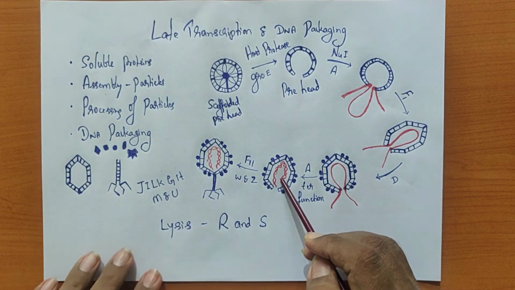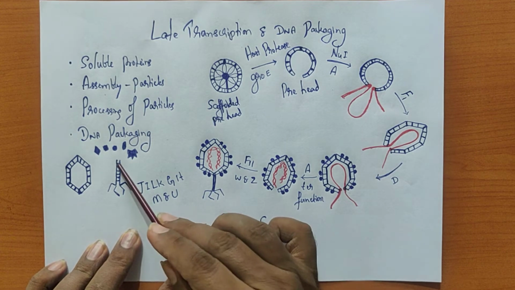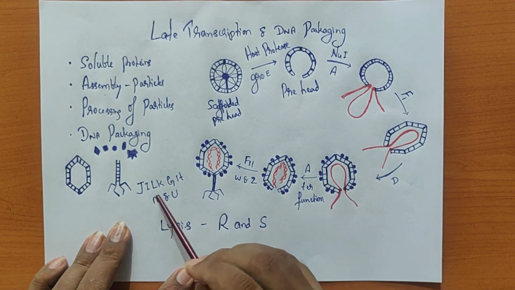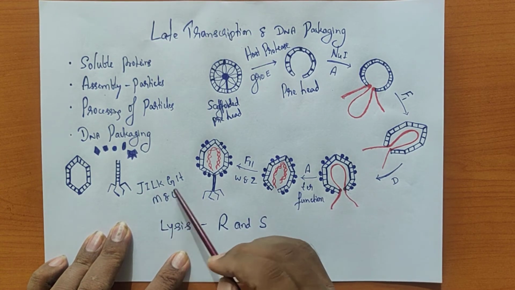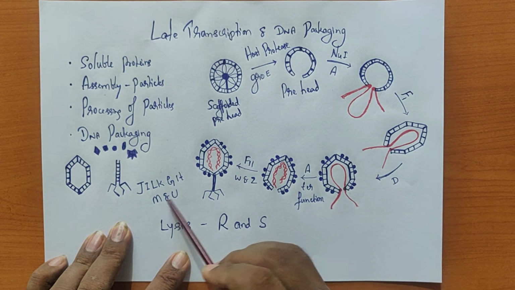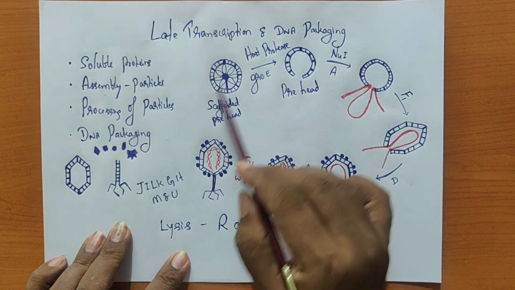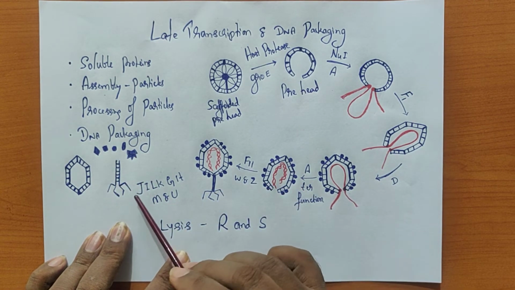The next one is independent. So now the tail is going to be synthesized. Now the gene products which are involved in the tail are J, I, L, K, G, H, M and U. So all these proteins assemble to form a tail. I told you that head is synthesized separately and tail is going to be synthesized separately.